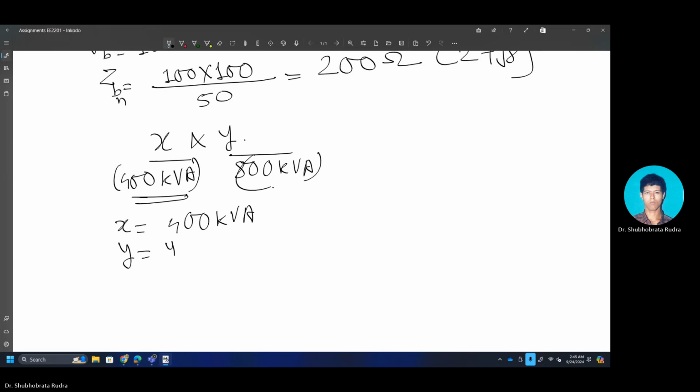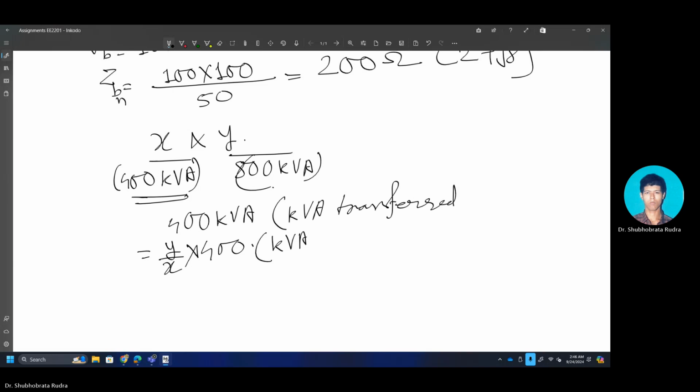Then you find out Y, that is Y by X into 400, and that will give you the kVA transferred to the 800 kVA transformer.